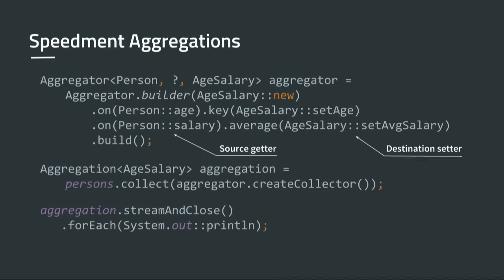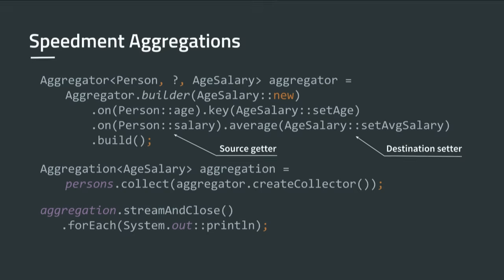And the way that we express this in the API of Speedment is that we create an aggregator. We do that via a builder pattern, where we start out describing the getters in the source, which in this case are persons, and then we have the destination values that are being put into the destination objects that we have.